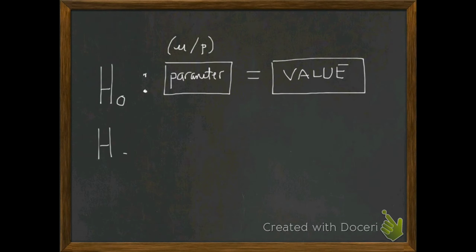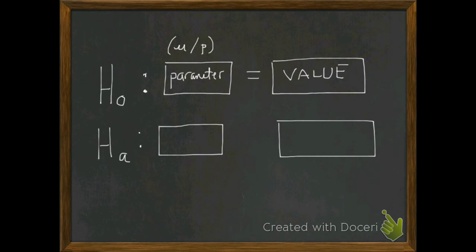Once we get the null hypothesis set up, then we set up what's called the alternative hypothesis. In this case, we have another box and another box. Whatever is in the first box for the null will drop down to the first box for the alternative hypothesis, and the value will be the same value in the alternative as well.